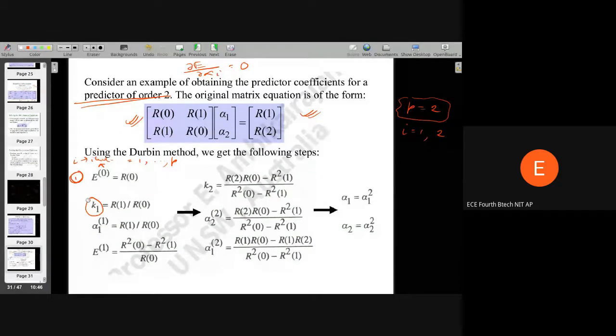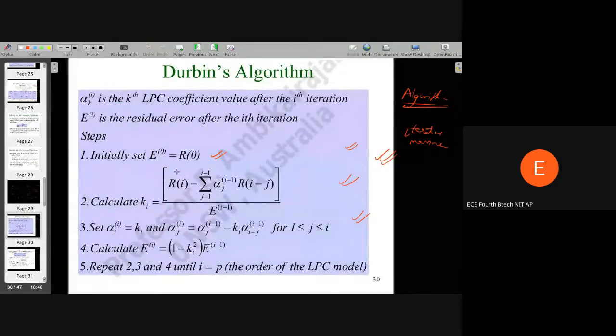What does the equation say? R1 minus the sum over j equal to 1 to 0. Obviously j equal to 1 to 0 is not going to be possible, so for I equal to 1, this term does not exist.